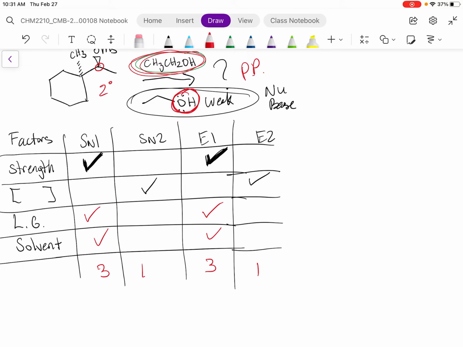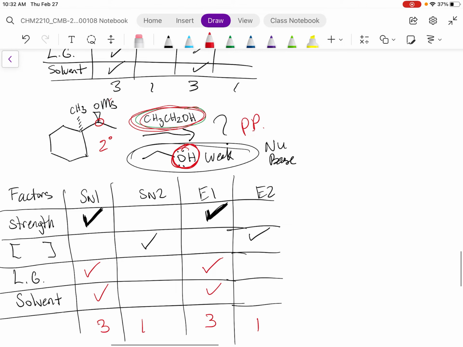The way I like to look at it, and other people like to look at it, is when there's a tie, you come in and factor in heat. If there's no heat displayed on the reaction scheme, then you favor substitution reactions. But if there's heat, then you favor elimination. So one way that it will be shown if there's heat or not is by words.